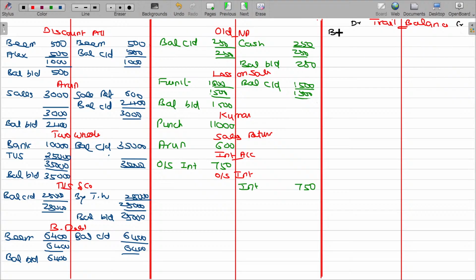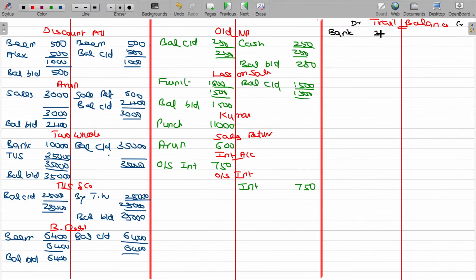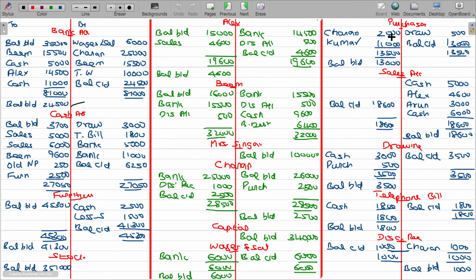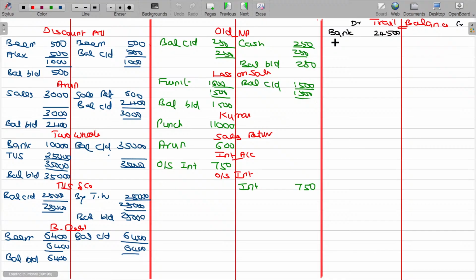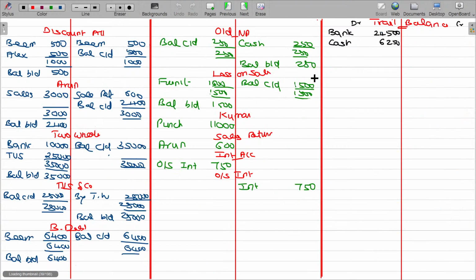So bank 24,500, and cash 6,250 debit side. And furniture 41,300 debit side.